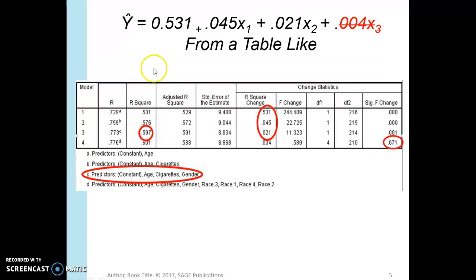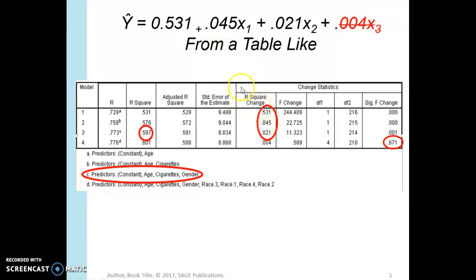And actually, here's the table you're going to get when you run the multiple linear regression. You'll notice up here I've got that same equation, and I scratched out this last variable because when I did that the first time, I failed to look at the table completely. But here we have the predictor values, 0.531.